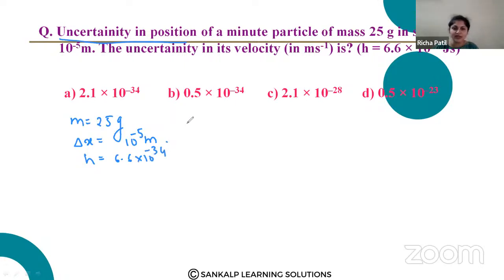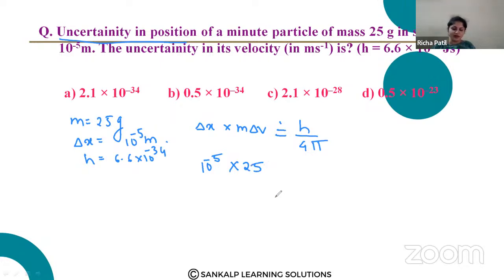What is the formula? The uncertainty equation: delta x into m delta v is equal to h by 4 pi. Now we know delta x is 10 raised to minus 5. Then mass is given as 25.